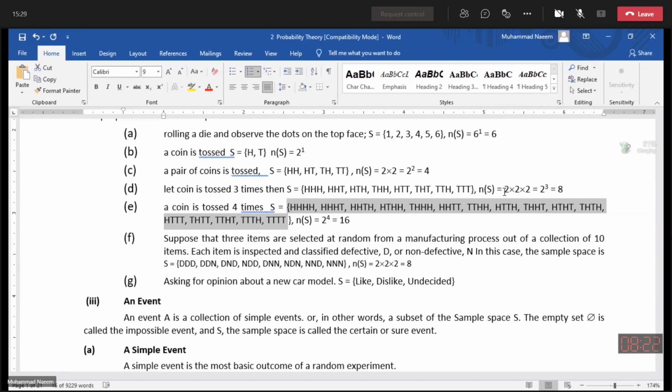But it is easy to understand that a coin is tossed 4 times and each coin has exactly two possibilities, a head or a tail. So 2 power 4 equal to 16 total possible cases.